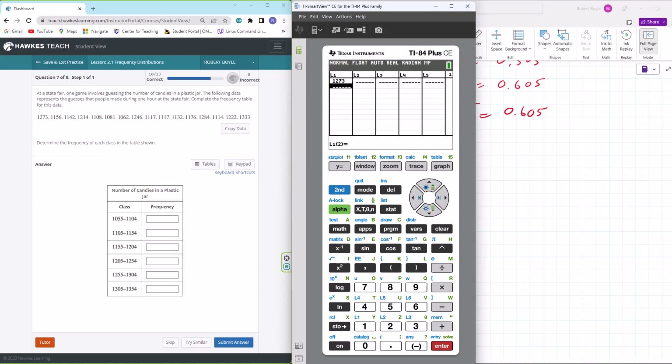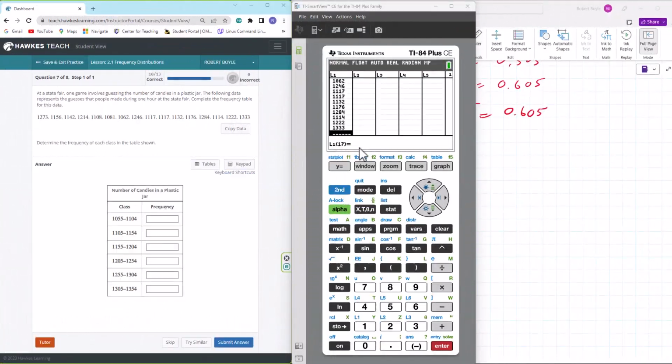1273, 1156, so I've entered all the data, and it might be a good idea just to make sure it's correct. So let's just walk through this just to make sure.